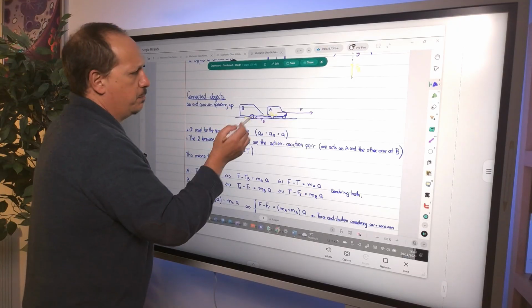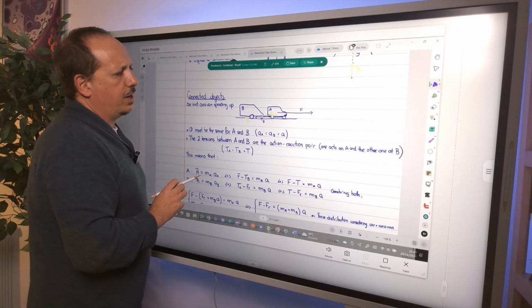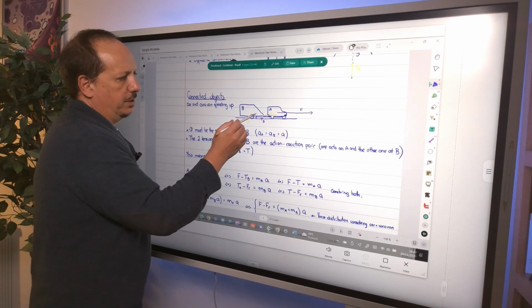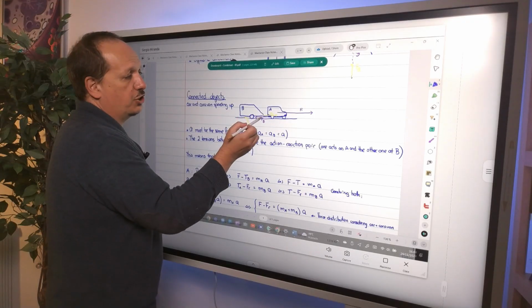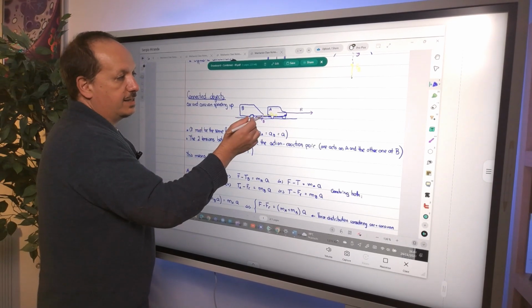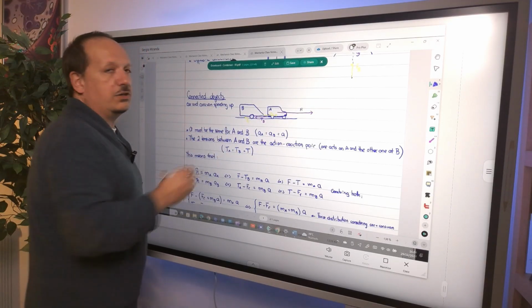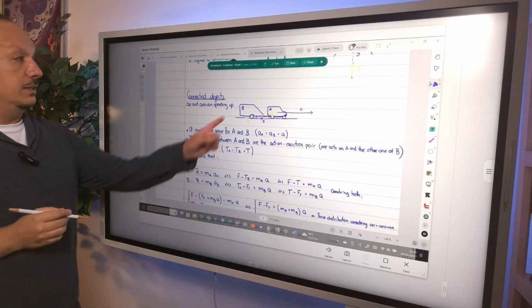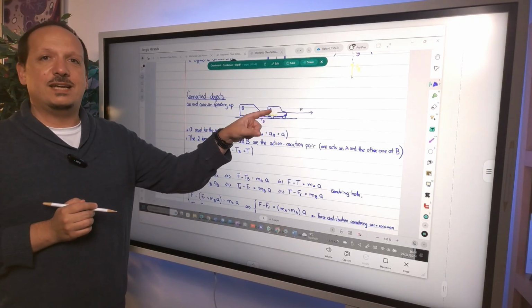Let's look now at B alone. What forces do you have associated with B? They are here in yellow. You have TA, which is the tension that you have here on the caravan caused by car A. And this is the force that actually makes B move in that direction. And then you have a friction. Like I said, the acceleration of B needs to be the same as A, right?